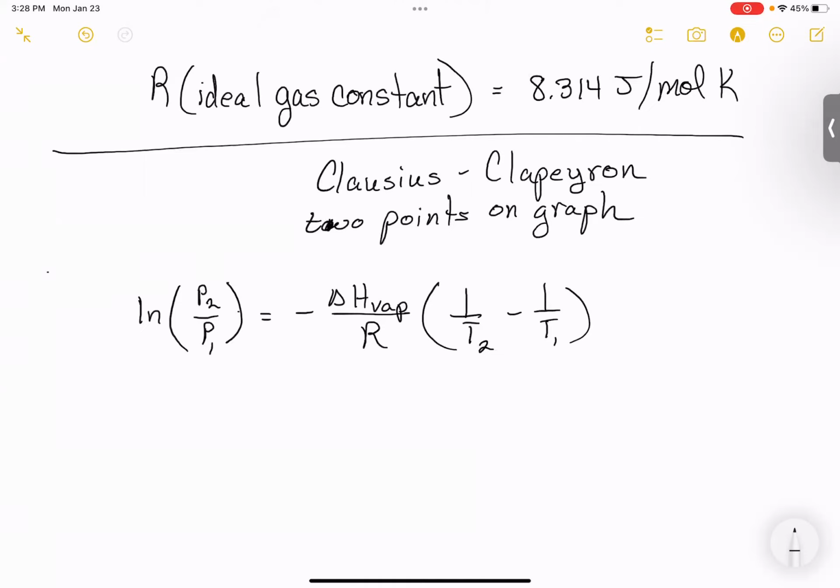But I'm not going to tell you when to use what. You got to know when to use which one. But I'll at least give you the formula. So don't memorize the specific equations, memorize how to use it and what it tells you. That's more important: how to use the equations, when to use what equation, and what it tells you.